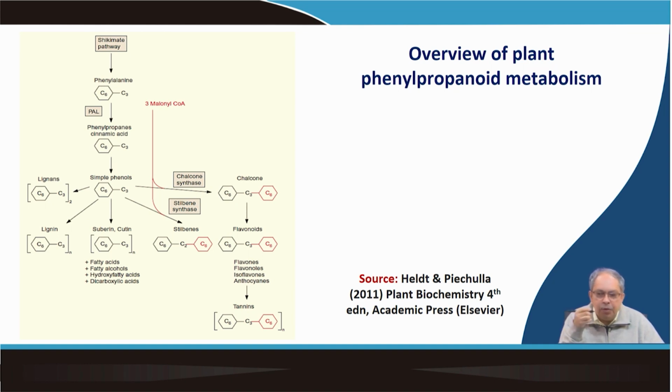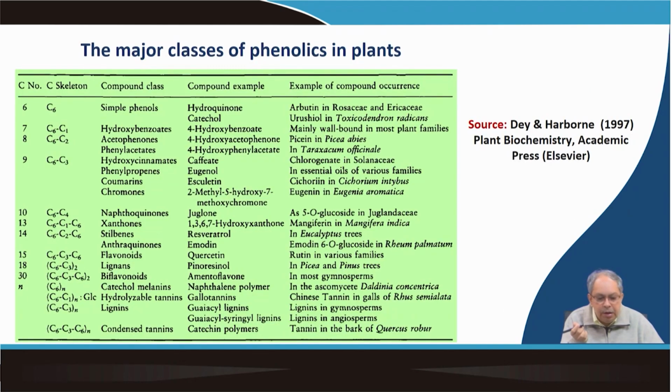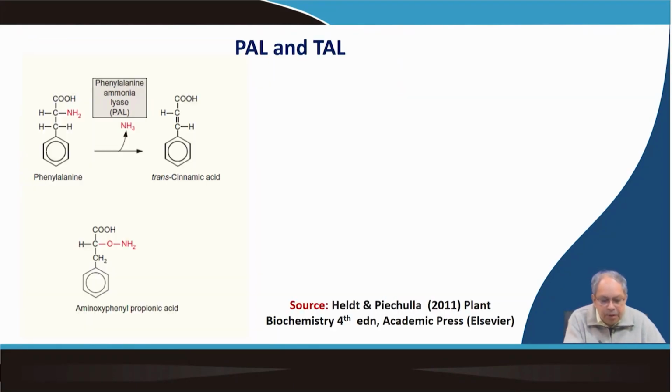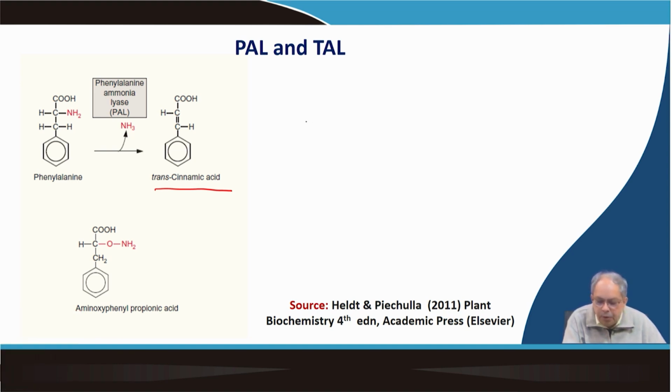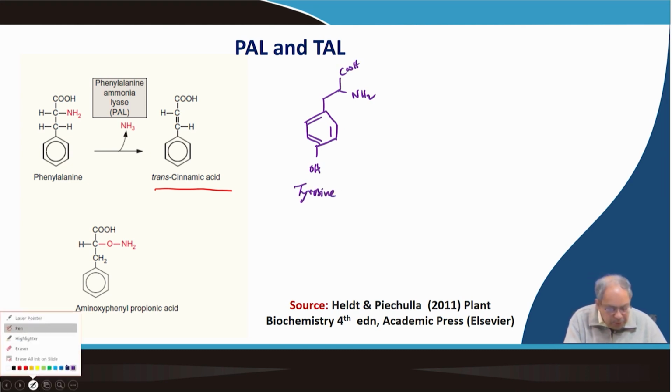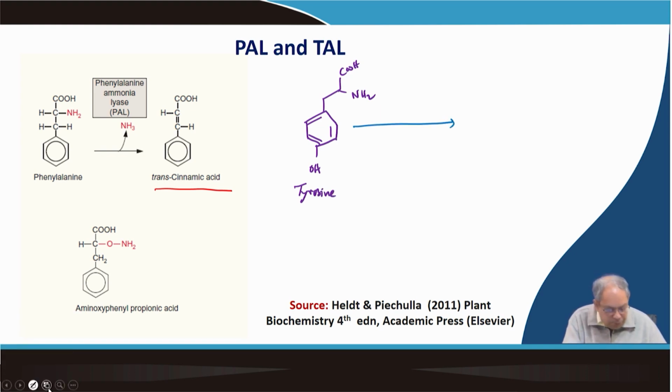I have shown the structure of phenylalanine, and then by the action of the enzyme phenylalanine ammonia lyase, it is converted into transcinnamic acid. Tyrosine, which I draw in a slightly different way but it is all the same, is converted into 4-coumaric acid.